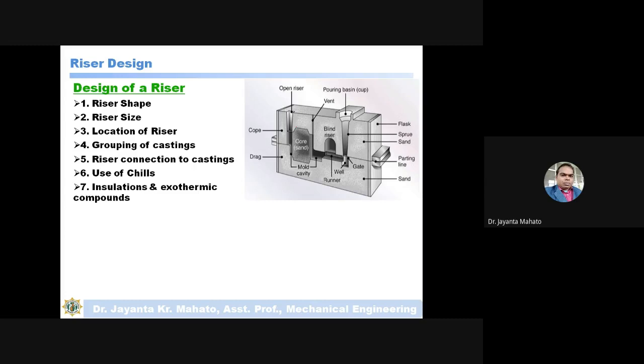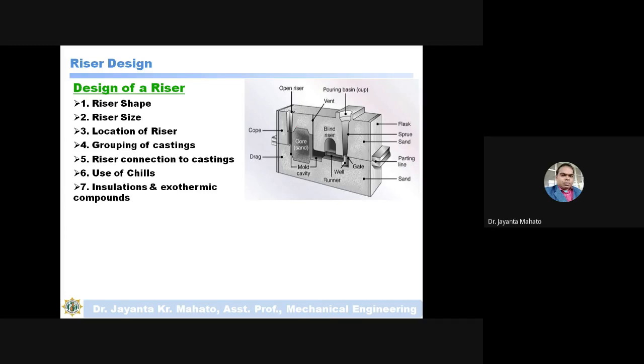There are different parameters of the riser that can be designed, like shape of the riser, size of the riser, location of the riser, grouping of risers, meaning making more than two risers in a group, or riser connection to casting, meaning how the riser is connected to the mold cavity.